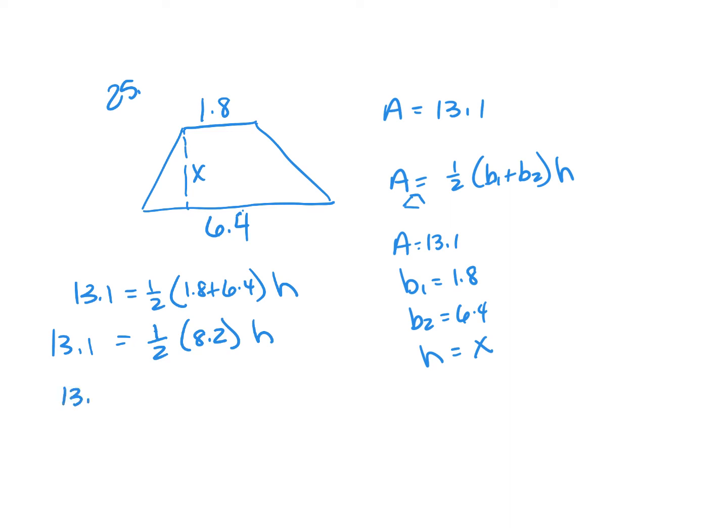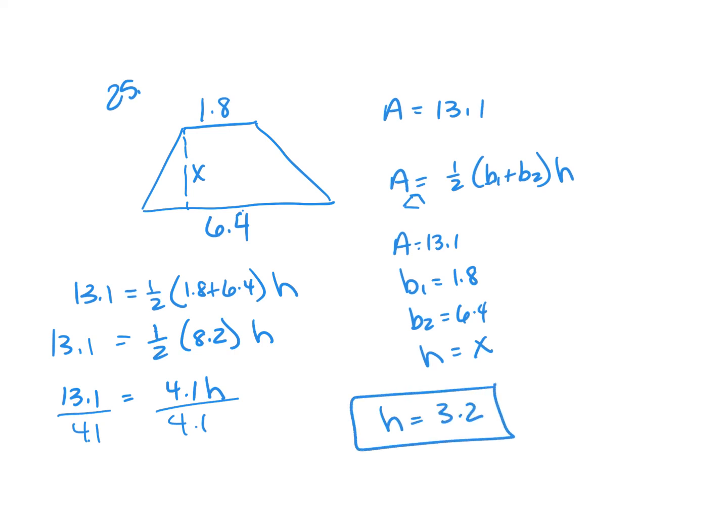So I get 13.1 equals 4.1 times h. And how do I leave the h alone? Divide by 4.1. Yep. And what do I get for number 25? 3.2? Yeah, height is equal to 3.2. And you found what they're asking for.